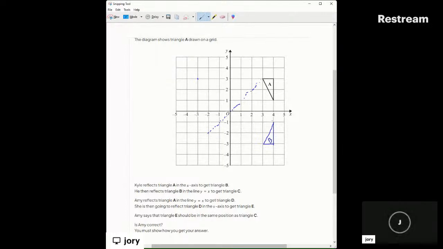And that's also 2.5, so that's here. And this one is 3.5. 3, that's over here. Okay, what triangle is this one? Okay, and then Amy reflects triangle A in the line y equals x to get triangle D. Okay, let's do that.